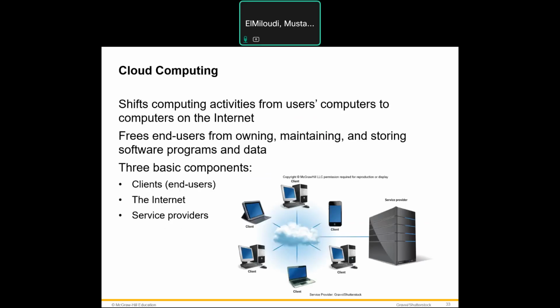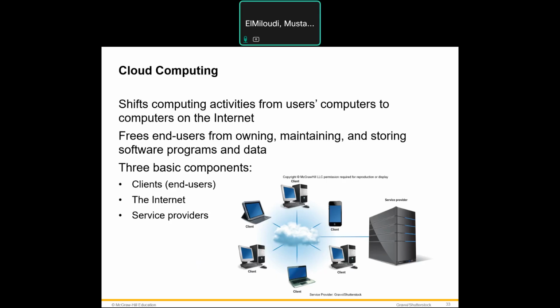So we talked about cloud computing. We said that there is a shift of computing activities from users' computers to computers on the internet. Cloud computing allows users, and especially companies, to take advantage of all the IT infrastructure without spending money to set up the network and maintain the infrastructure.